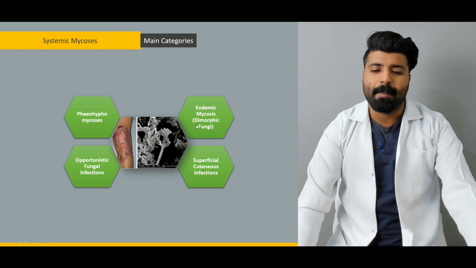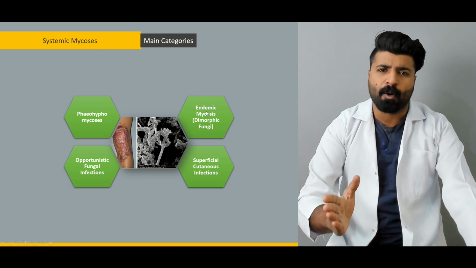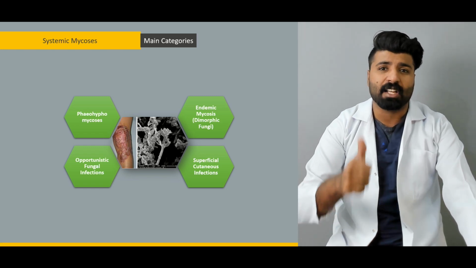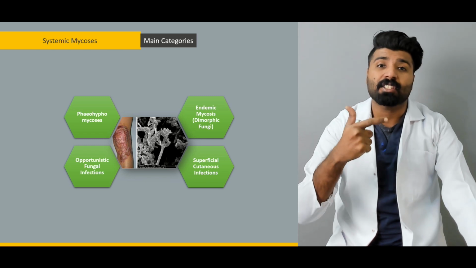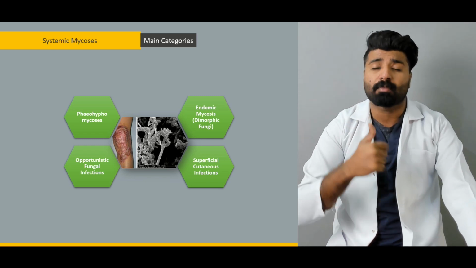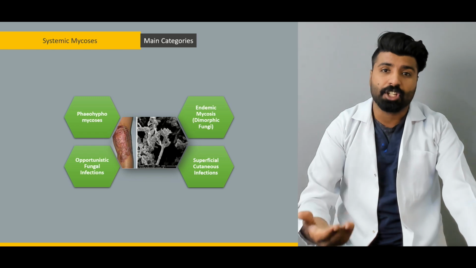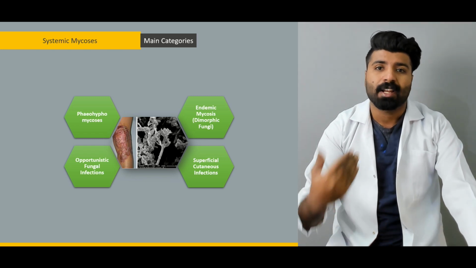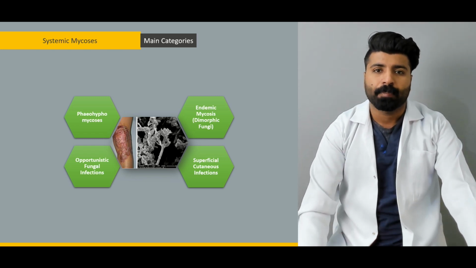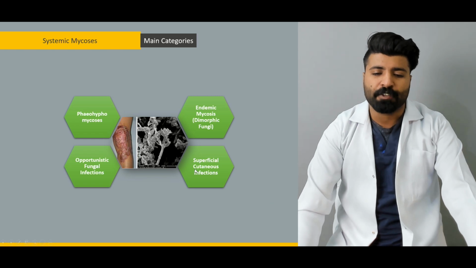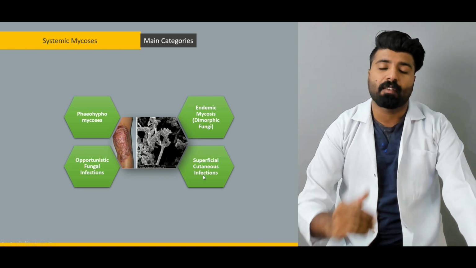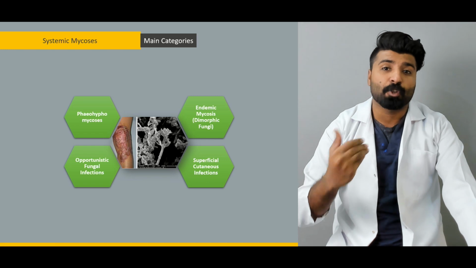Next on, we have endemic mycosis, which is caused by dimorphic fungi. We talked about dimorphic fungi, right? They can exist as mold, they can exist as yeast. But in our body, it's yeast. Outside, it's mold, it's hyphae, it's conidia. Next on, we have the superficial cutaneous infections, which involve the cutaneous layers and superficial layers.